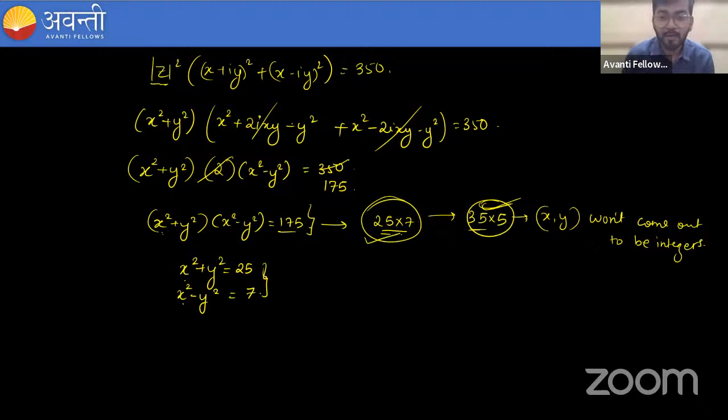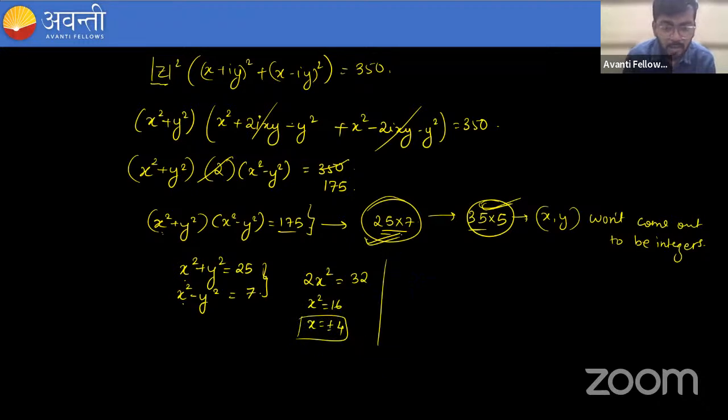So that is why 25 and 7 is chosen here. So after I add these two, I will get 2x square equals to 32. So x square will be equal to 16, x will be plus minus 4.